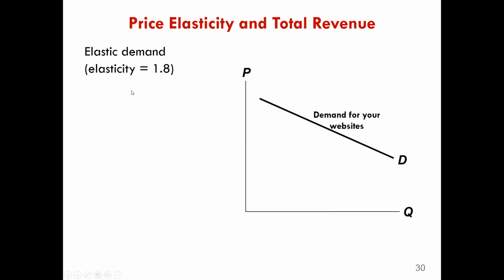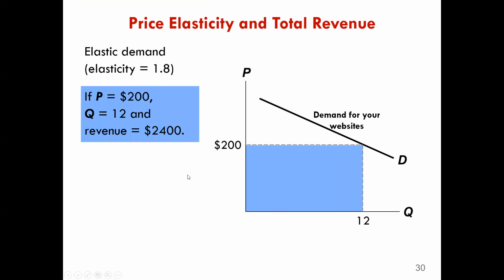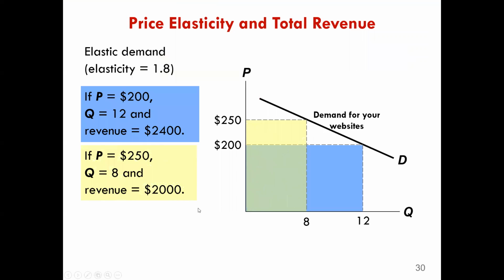So now let's illustrate this on this diagram. At a price of $200, quantity demanded is 12. So his total revenue is the $200 times the quantity demanded of 12. That brings us to total revenue of $2,400. Now, when he increases the price from $200 to $250, quantity demanded drops to 8.